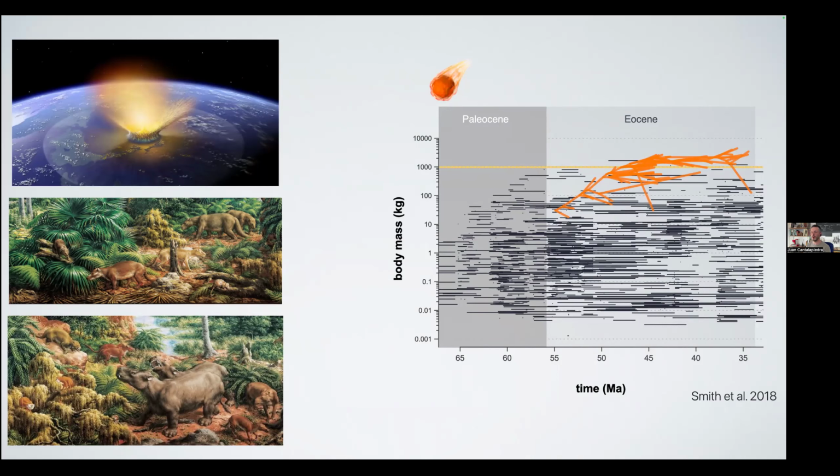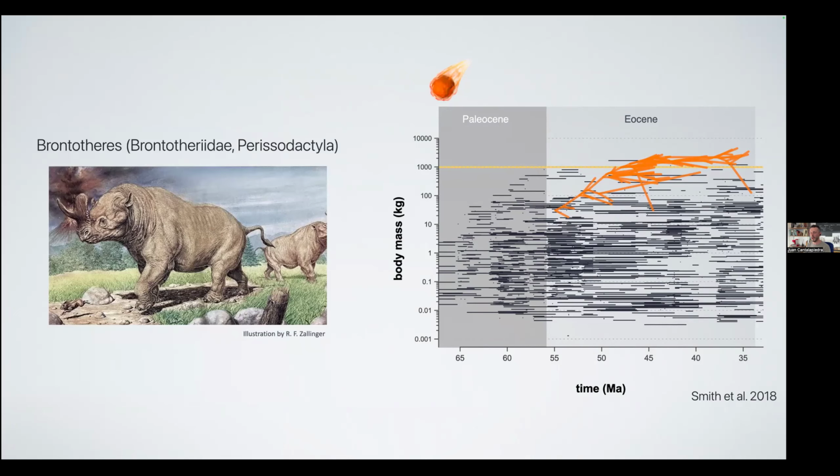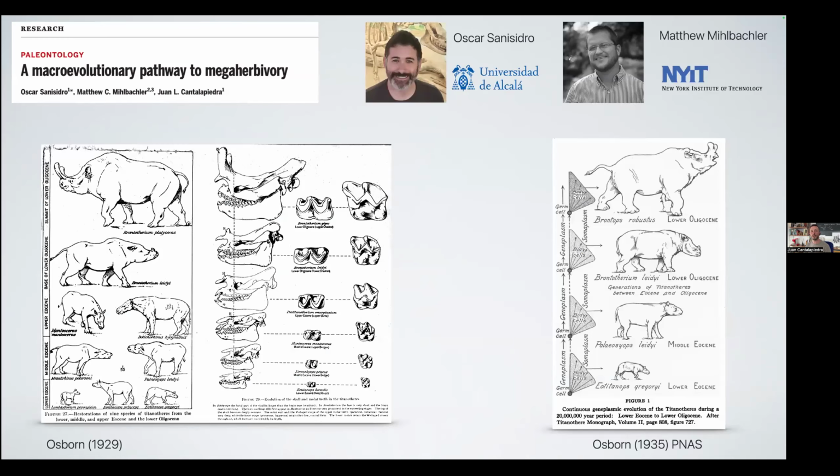So we wanted to know what was going on with this group, which is a group within perissodactyls. They are related to horses, tapirs and rhinos today. We put together a lot of information for this paper, which was led by Oscar San Isidro, and also included Matthew Mihlbachler, a brontothere expert from North America, and Oscar is an expert on rhinos and other groups of perissodactyls.